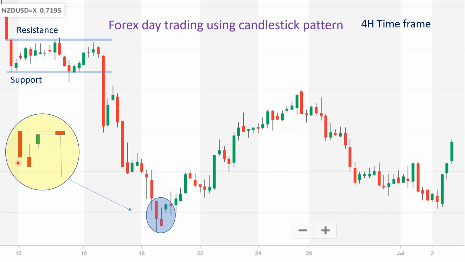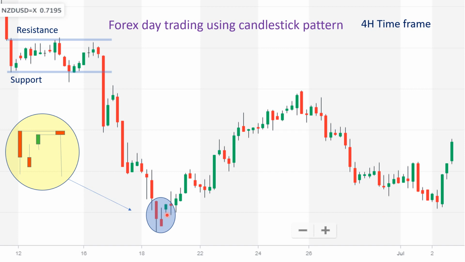So here, these are the same 3 candles. Then you take the open of the first candle, you take the close of the last candle, and you take the high and low of the pattern. So the outcome is nothing but a bearish hammer, which suggests trend reversal from downtrend to uptrend.